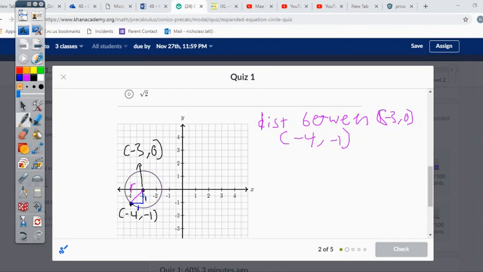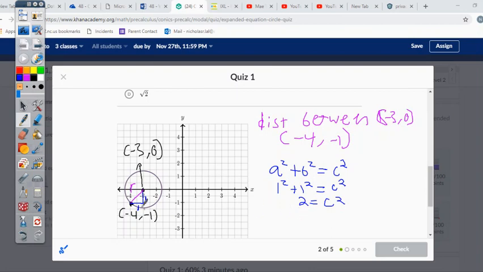So we have -3, 0 and -4, -1. We have a squared plus b squared equals c squared. 1 squared plus 1 squared equals c squared. 1 squared is 1, 1 squared is 1, so 2 is equal to c squared.